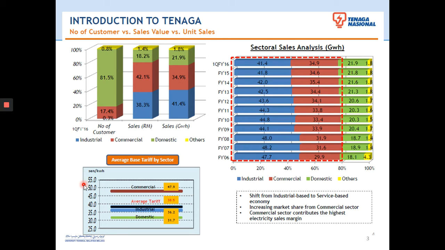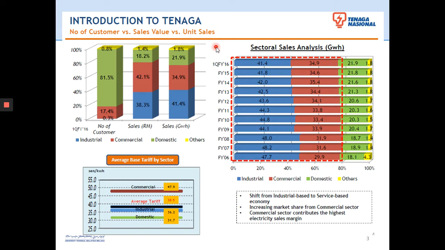Okay, this is obtained from Tenaga Nasional Annual Report way back in 2018, if I'm not mistaken. So it provides the distribution of energy consumption with respect to sectors available in our country up until financial year 2016.